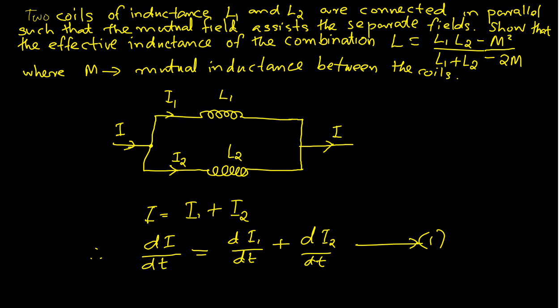We can write the EMF E equal to, in L1, minus L1 dI1 by dt. From Faraday's law and Lenz's law, the negative sign appears.